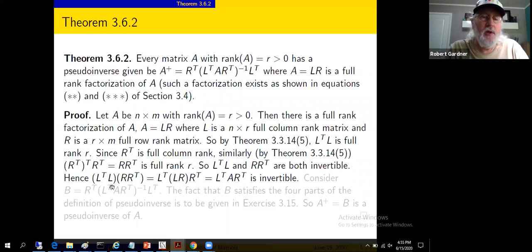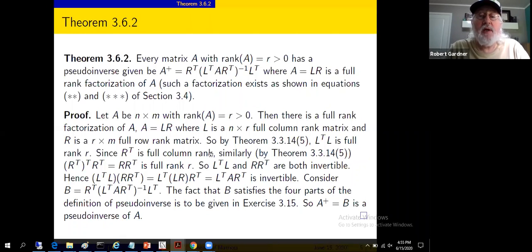Let's associate the L and the R here. Matrix A equals L times R. So by making that association, we can replace that with A, getting the matrix L transpose A R transpose. We can claim this is invertible because each of these is invertible, and so the product is invertible. Good thing, because we're going to have that apparently in the pseudo inverse of matrix A.